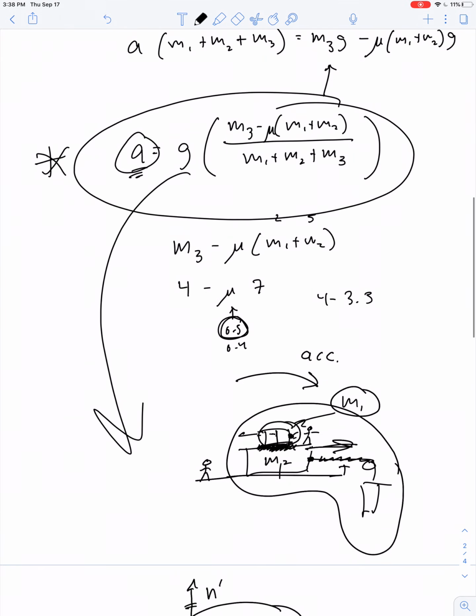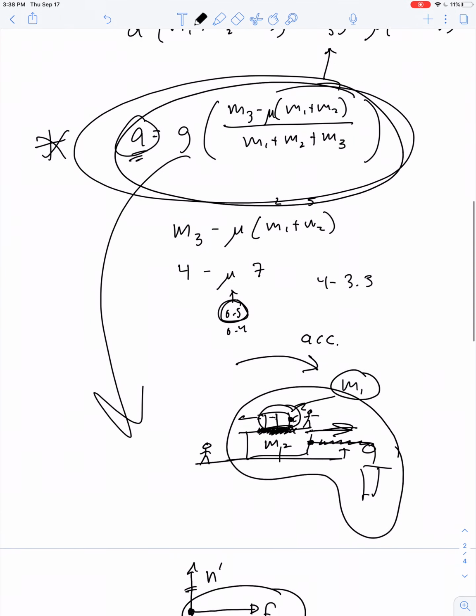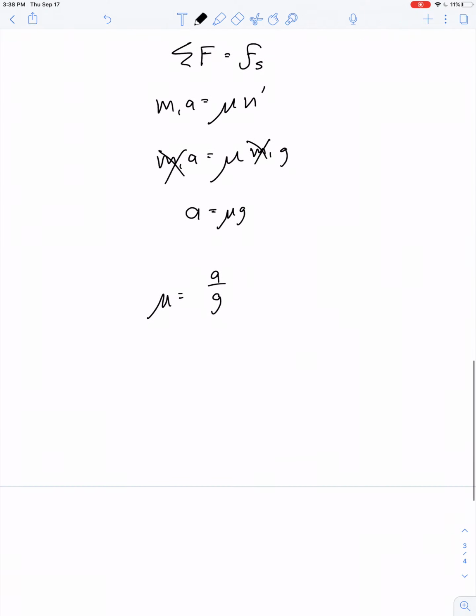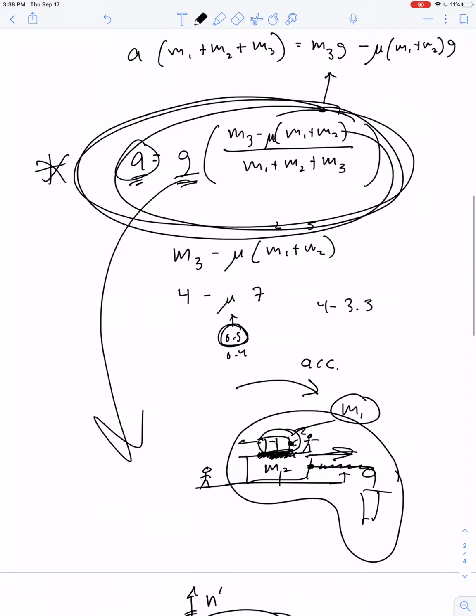And so in this case, we already found an expression for a. So the value of mu that's required is everything in our previous expression with the value of g factored out.